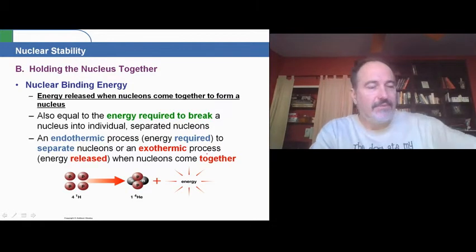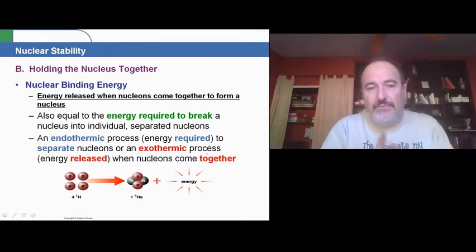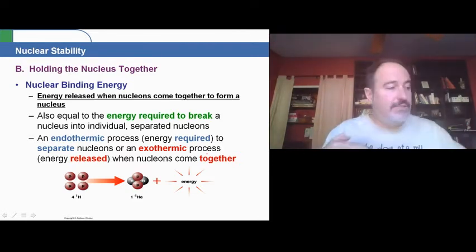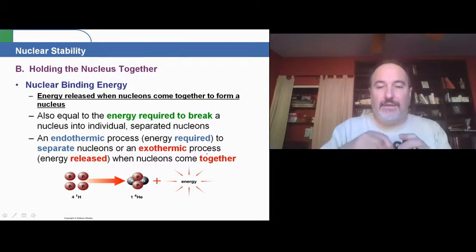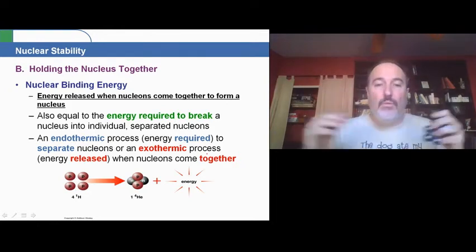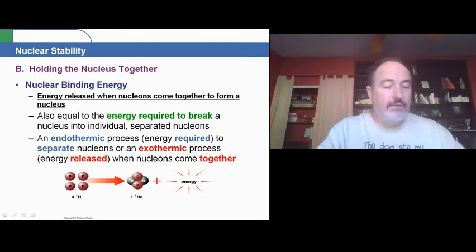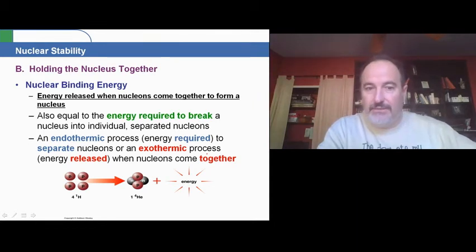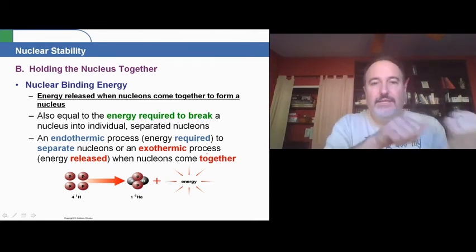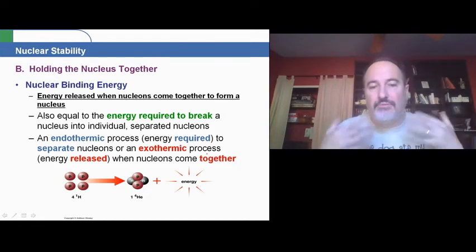All right. And using terms that we learned before, endothermic, remember, energy going into a system. It's endothermic, energy is required to separate the nucleons, but it's exothermic, energy being released, when the nucleons come together to form the nucleus. All right, very important. It's a two-way process.